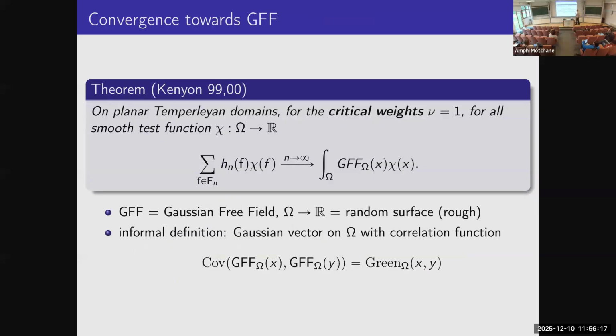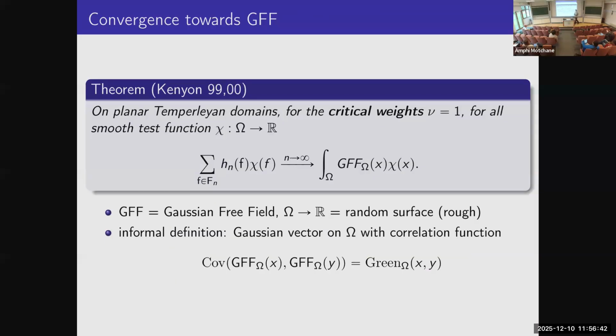If you take a planar domain with some particular boundary conditions, which are called Temperleyan, and if you look at the critical weights, which are just weight 1 for every edge, then the height function converges towards some random surface, which is called the Gaussian free field. And this convergence holds in the sense of distribution.